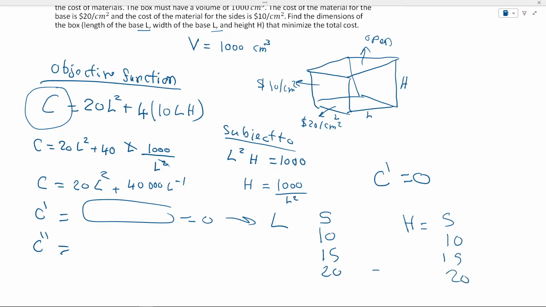And then if you check the second derivative of C at L, at 5 for example, or 10 or whatever, that for sure will be larger than 0, meaning that this is a minimum point. Okay. So I'm not solving it for you, I'm just giving you some hints.